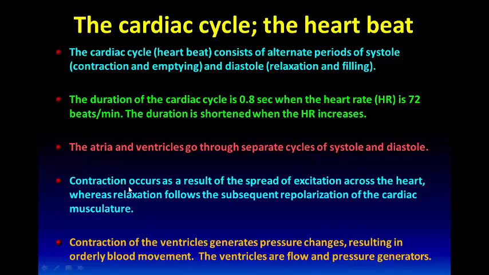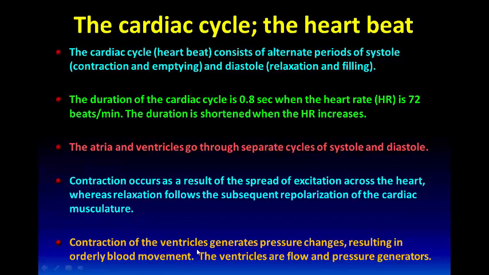Contraction of a cardiac chamber occurs as a result of the spread of excitation across the heart, whereas relaxation follows the subsequent repolarization of the cardiac musculature. So after the cardiac musculature finishes with repolarization, it begins to relax.